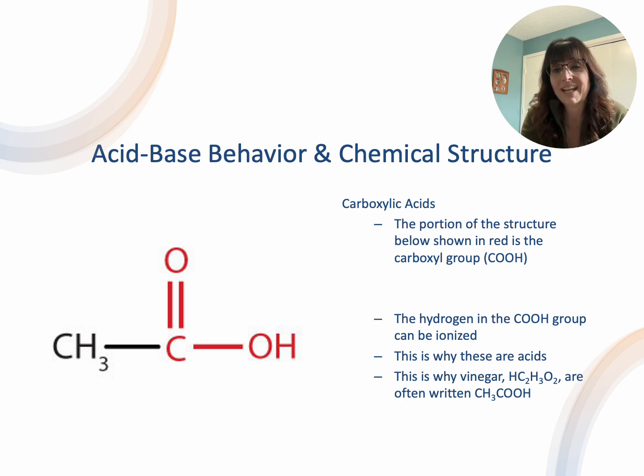But it's the H on the very end that is given away, not the H attached to the C. I also have students who say, well, I don't understand why we don't write it CH4 or C2H4O2 or whatever, because we want to show which H is the one that is given away. So we write it in a particular way so we can show that acidic hydrogen.